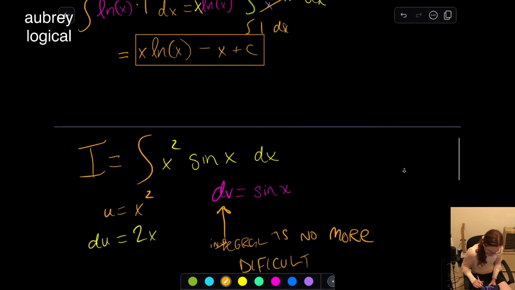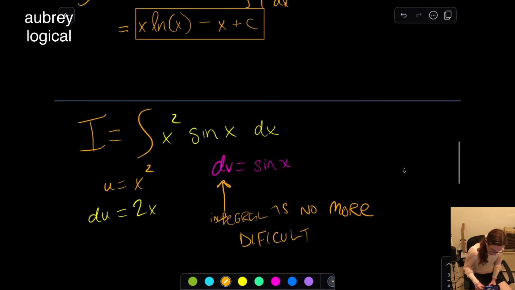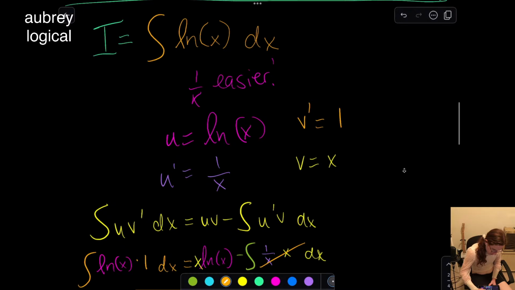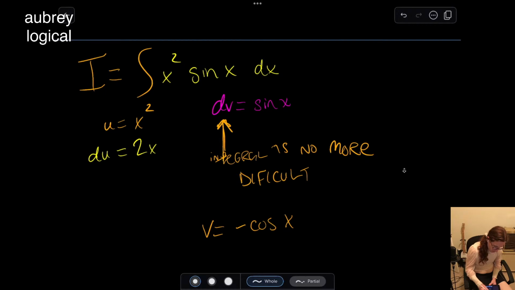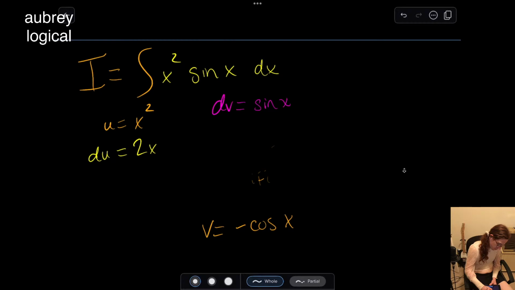So our first case is if the derivative is easier than u. And our second case is if the integral of dv is no more difficult. Okay, so that's how we get there.